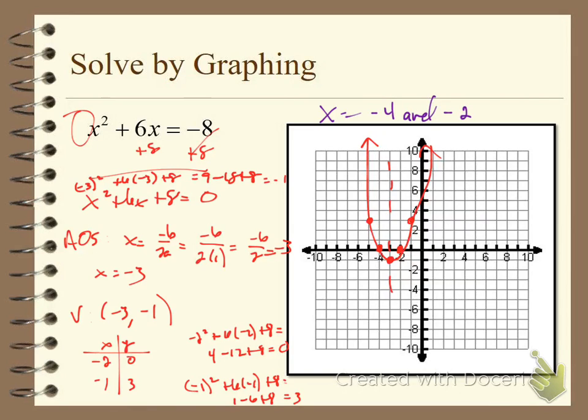All right. And that's what I meant by, if you were paying attention, you already knew what one solution was, right? We're trying to find the x's that make y 0. Well, when we did our table, when we plugged in negative 2, we got 0 for y. So that was going to be one of our solutions automatically. We just had to carry out the graphing to try to find the other one.